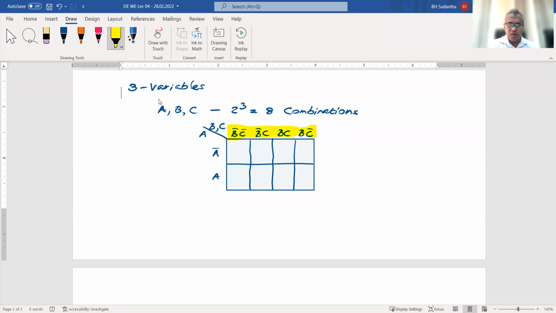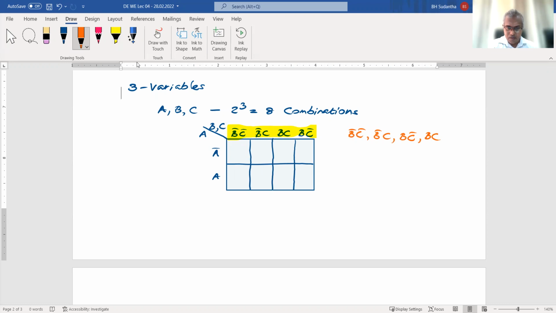We change the order. Normally we are writing B bar C bar, B bar C, BC bar, and BC. See this order? This is the way normally we are writing, but we have purposely changed this order here.